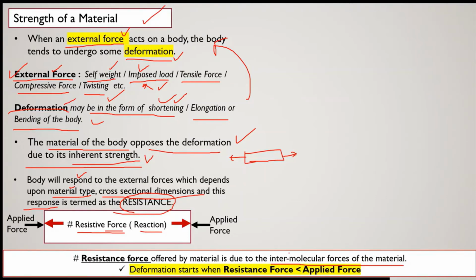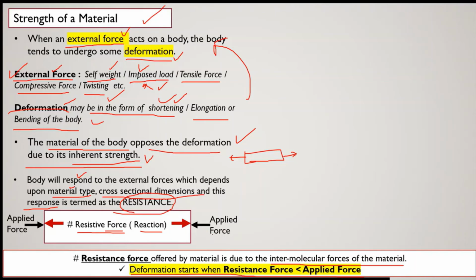You are well aware that molecules of any material have intermolecular forces of attraction. When you apply some force, they will try to resist. And the deformation starts when the resistance force is less than the applied force. That means if you are applying some compressive force, suppose it is 100 kilonewton and the maximum resistance offered is 90, then after 90, when you increase the applied force, this member will get compressed.